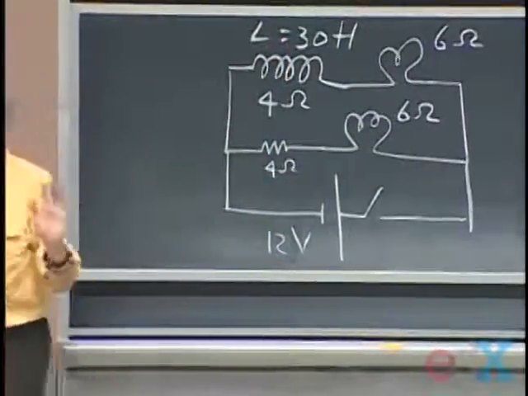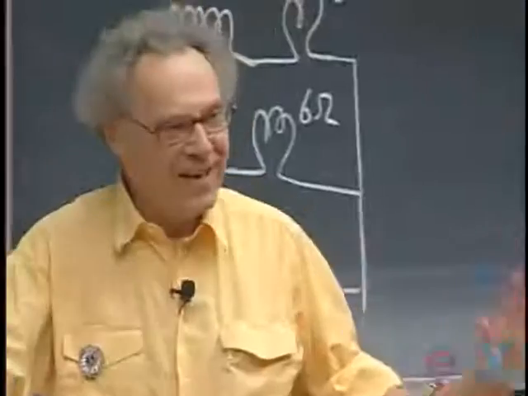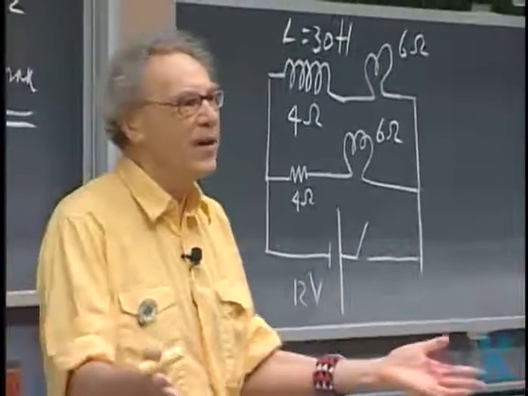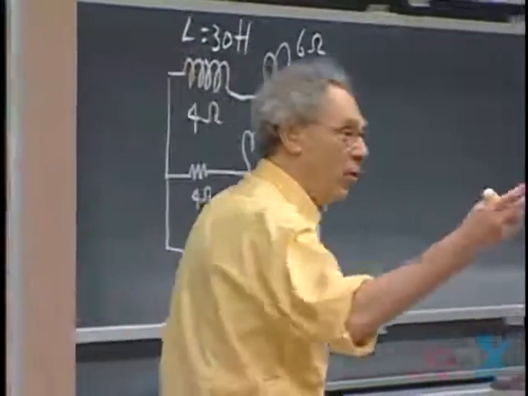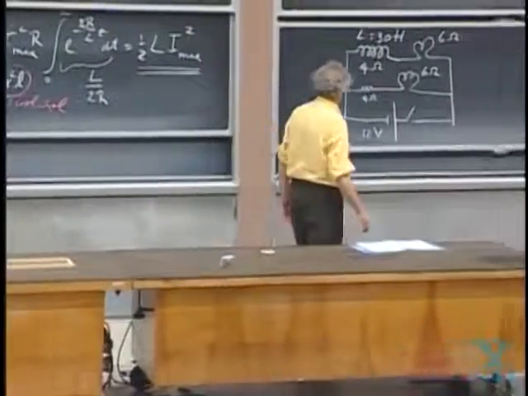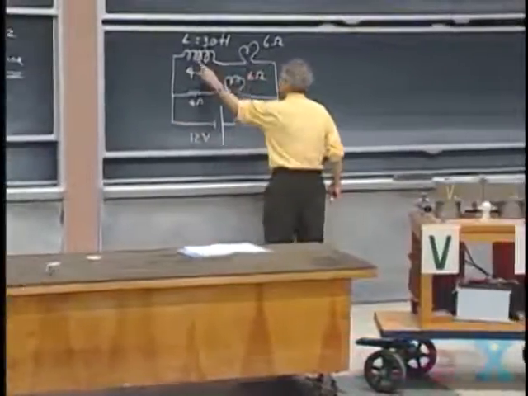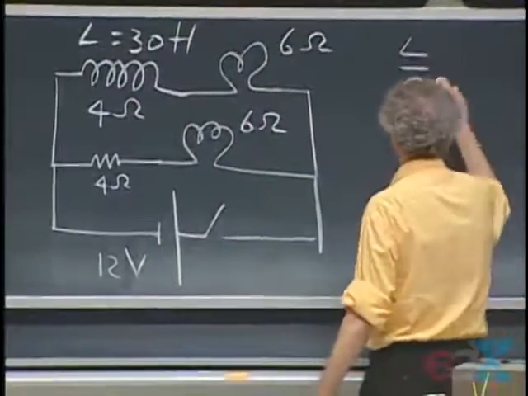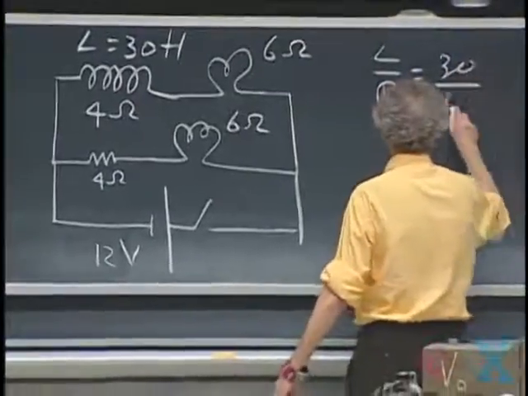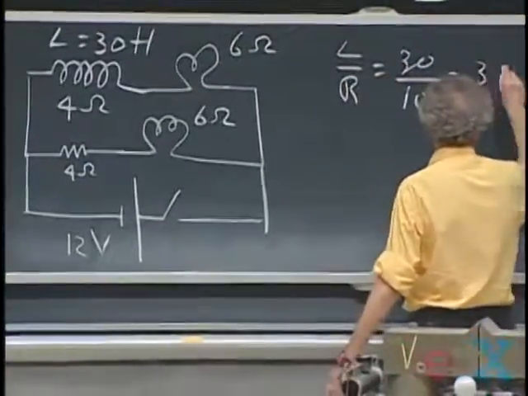And so the self-inductance says, take it easy to the current, take it easy, just wait, and you will very slowly see that light bulb come on. And we can calculate how long it takes. Because we have here 10 ohms, 6 ohms, and 4 ohms, so L divided by R is 30 divided by 10, so that is 3 seconds.